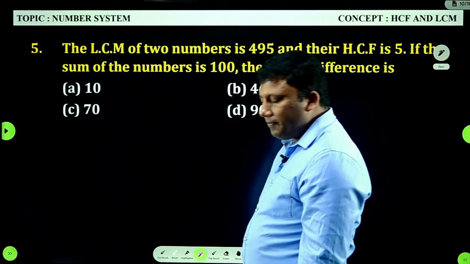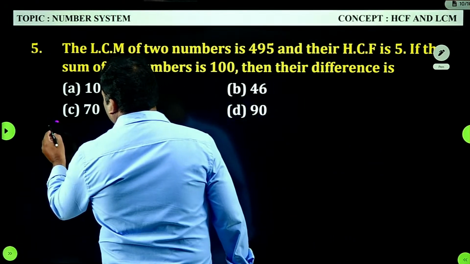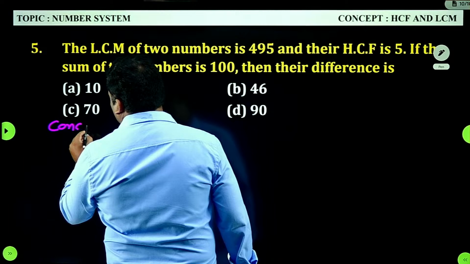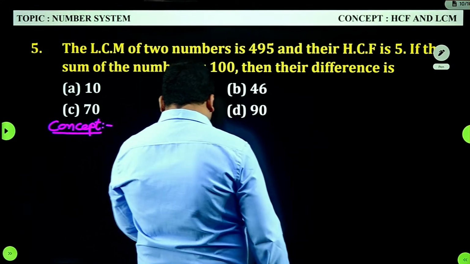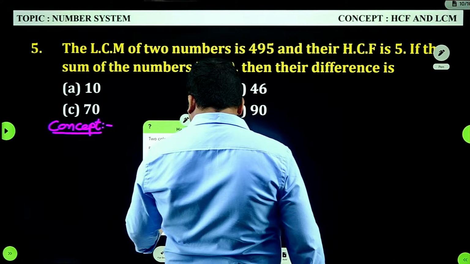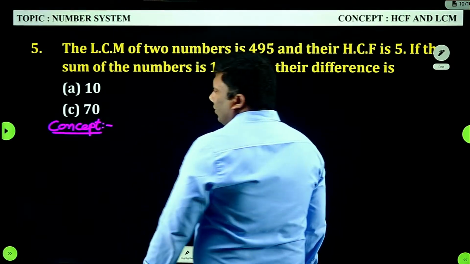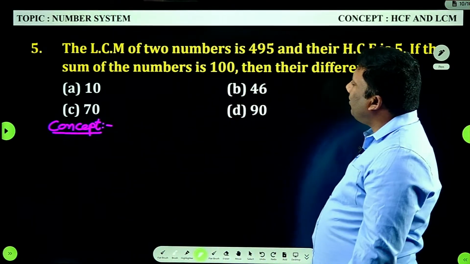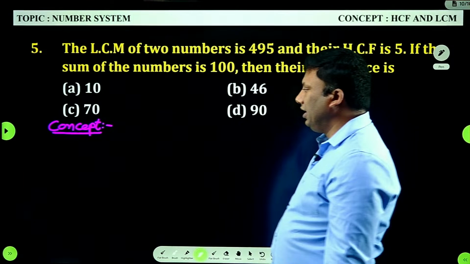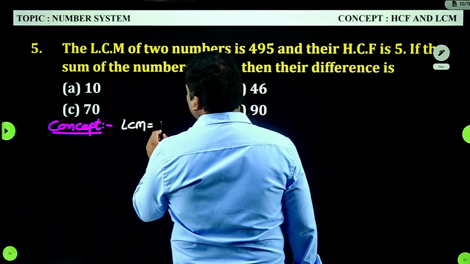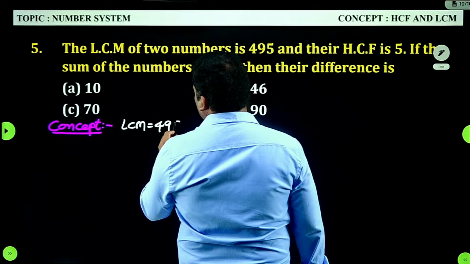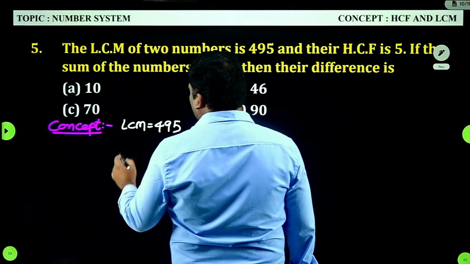See this concept. First read the question. The LCM of two numbers is 495.